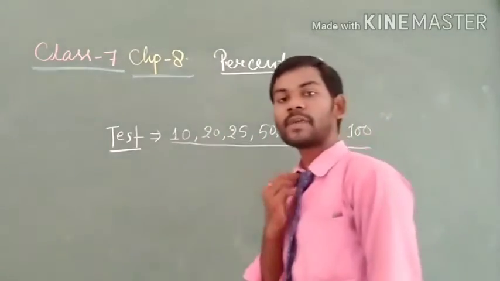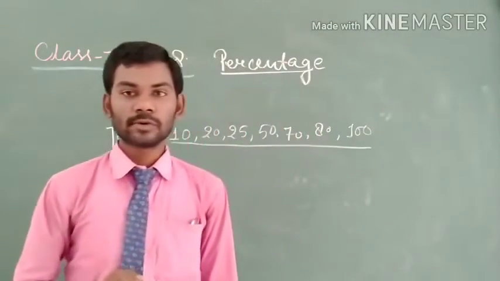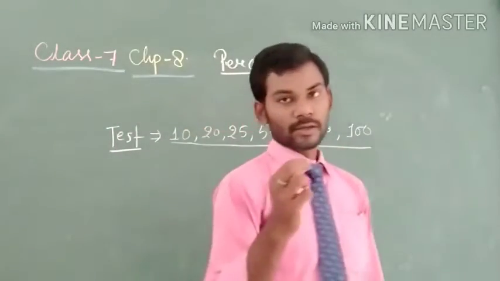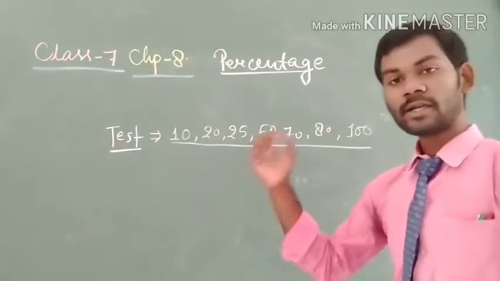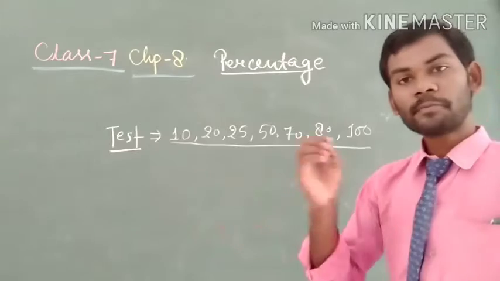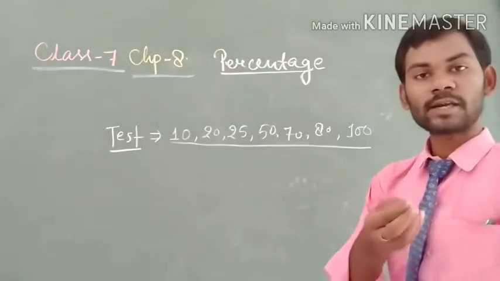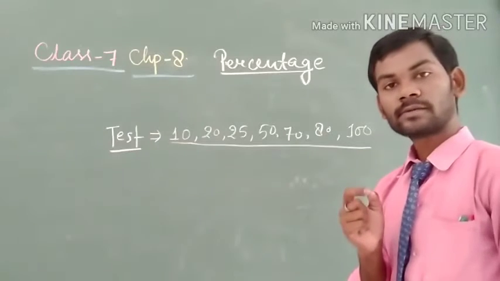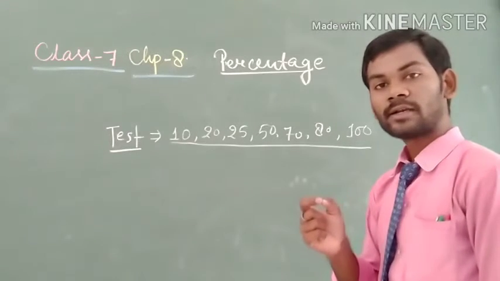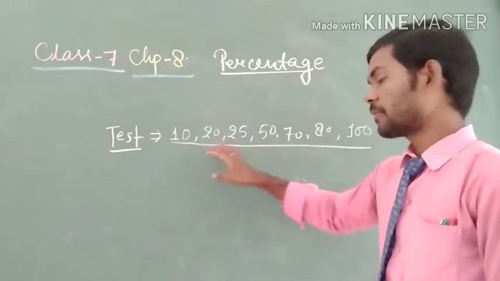Whenever we give a test in the school, we have a maximum mark of the test like 10, 20, 25, 50, 70, 80 and 100, and we obtain marks out of these.